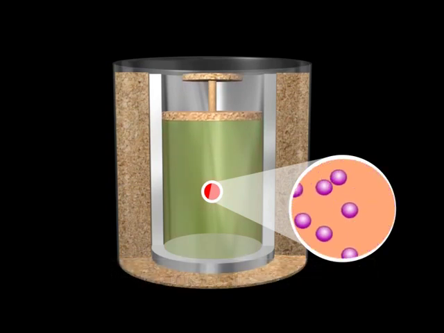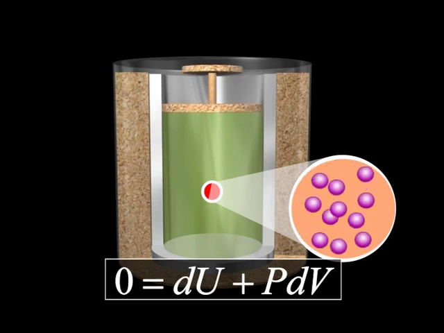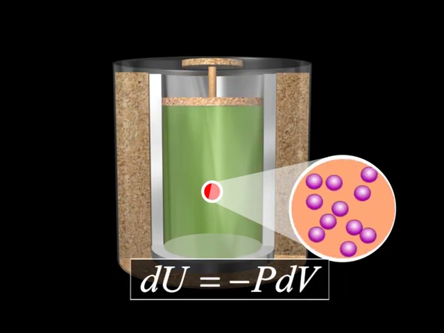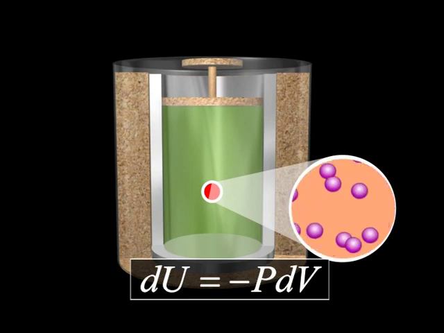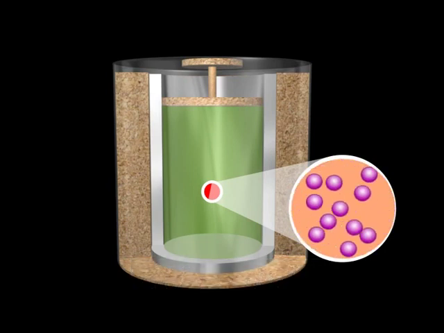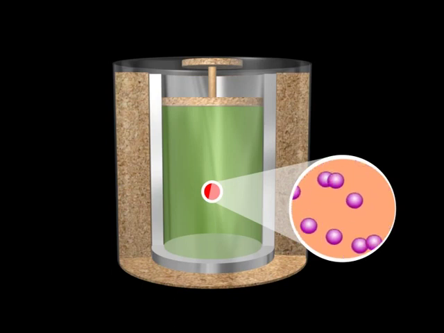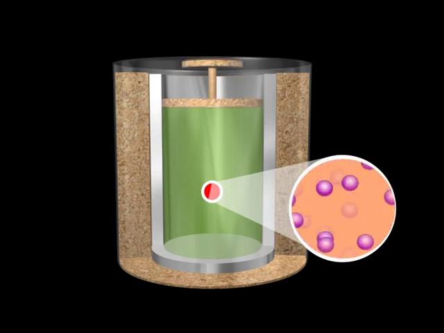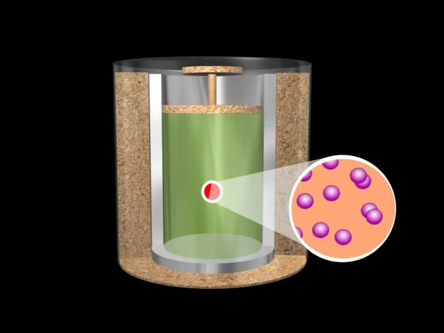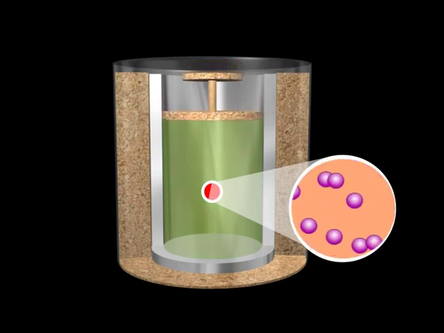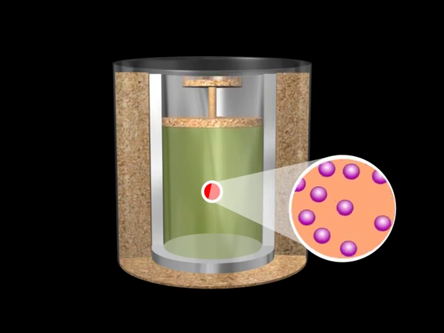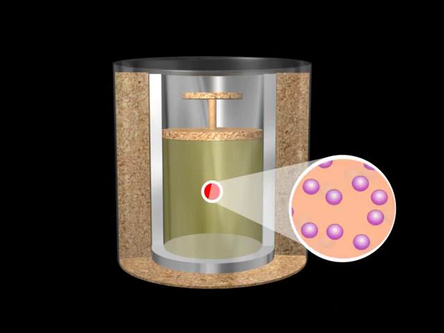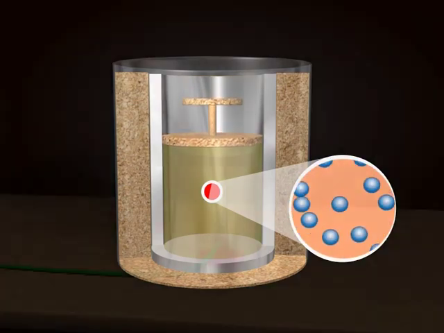Then, according to the first law of thermodynamics, dU would be equal to minus P dV. This expression implies that when a gas expands adiabatically, the internal energy of the system would decrease and the gas will be cooled. The reverse is also true.